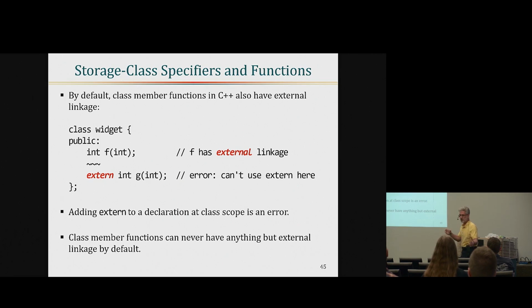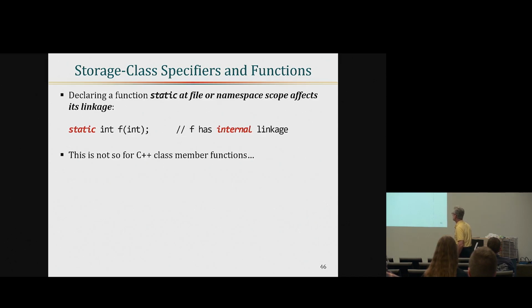And if you explicitly put the word extern there, the compiler says, no, I got it covered. You have no choice about it. It's extern. So you can't even restate the default in C++.